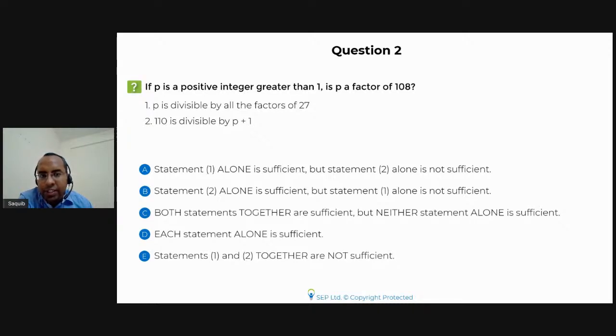A few of them have mentioned the answer as E. Some of you are saying D. I have all kinds of answers, but mostly what I can see is that a lot of you are saying A and E. I saw very few C's, only two C's. And D also, D and A.